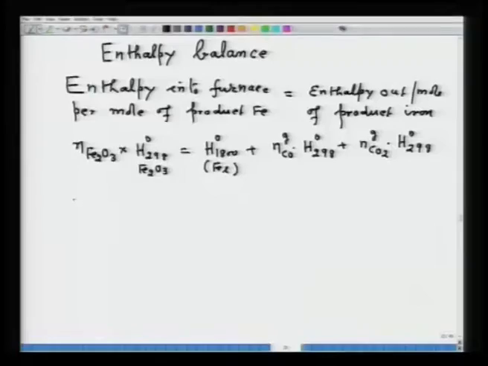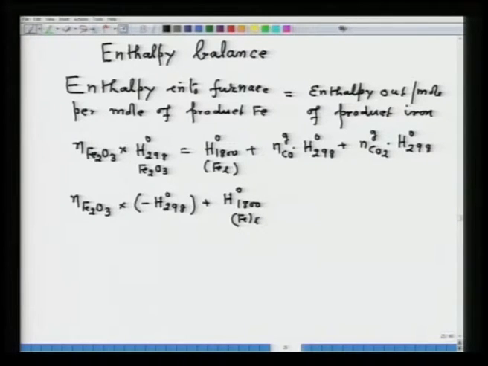In that process, n_Fe2O3 into minus H°298 plus H°1800, mind you, I am now considering the heat demand side, where heat is demanded, will be equal to n_g,CO into minus H°298 plus n_g,CO2 into H°298.